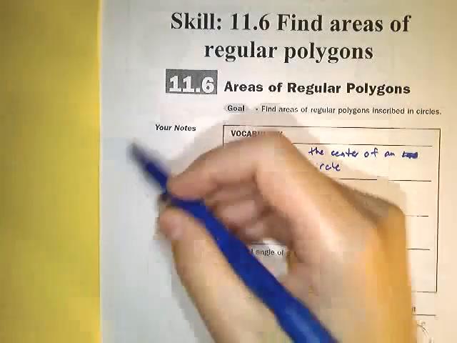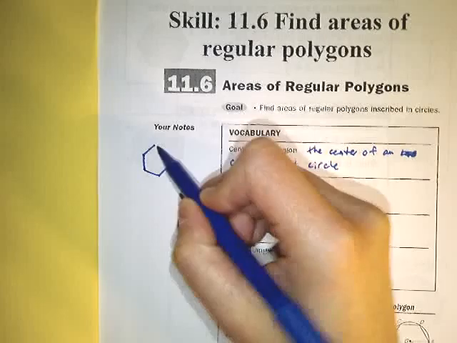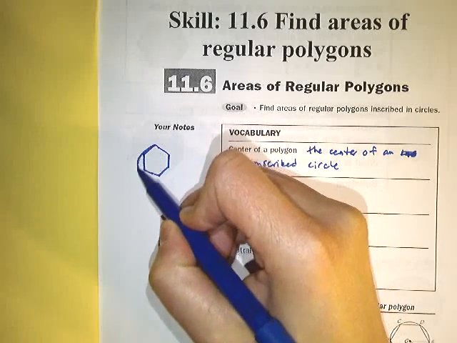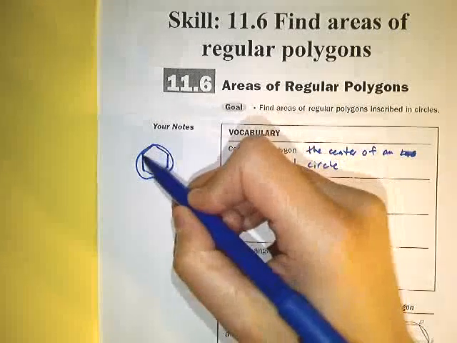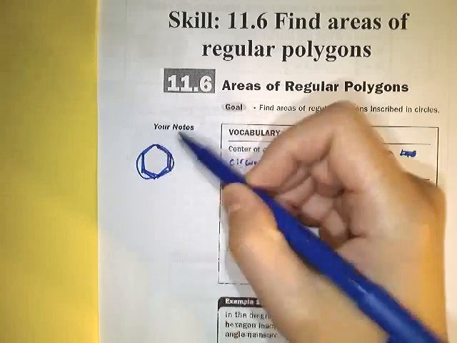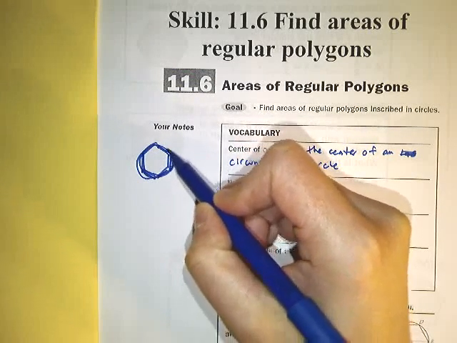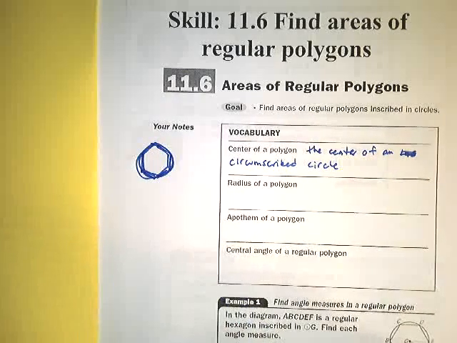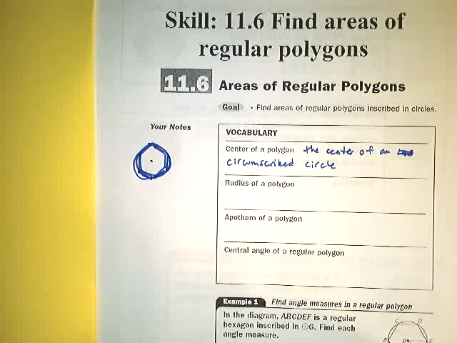So basically, if you have a polygon that looks like that, and you draw a circle around it that touches all the vertices, and obviously I'm drawing too quickly to be accurate here, but there we go. That's a circumscribed circle. It goes around the outside and touches all the vertices. So whatever the center of that circle is also the center of the polygon.